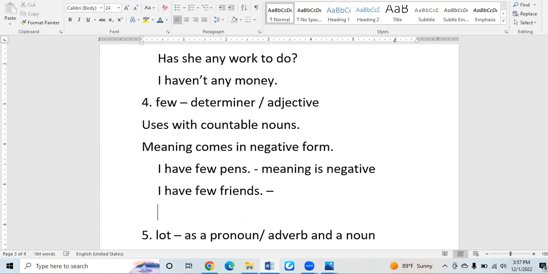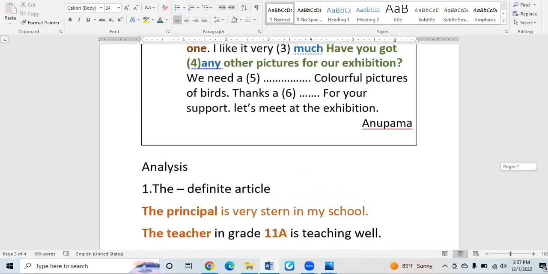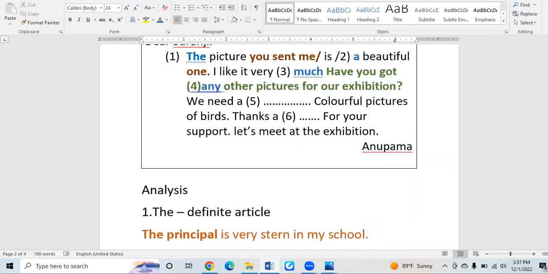But if you say, "I have a few color pencils," the meaning of that is you have 1 or 2 color pencils with you. "A few" means that whenever you write "a few," you have 1 or 2 with you. Okay, "few" is negative, but "a few" is positive.